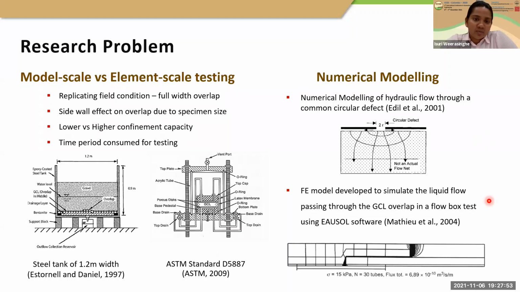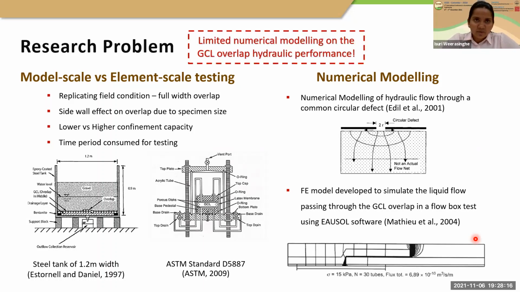Kendall et al. in 2001 developed a numerical model to observe the hydraulic flow through a common circular defect in a GCL. And then Matthew et al. in 2004 tried to simulate the liquid flow passing through a GCL overlap in a flow box apparatus using the USOL software.